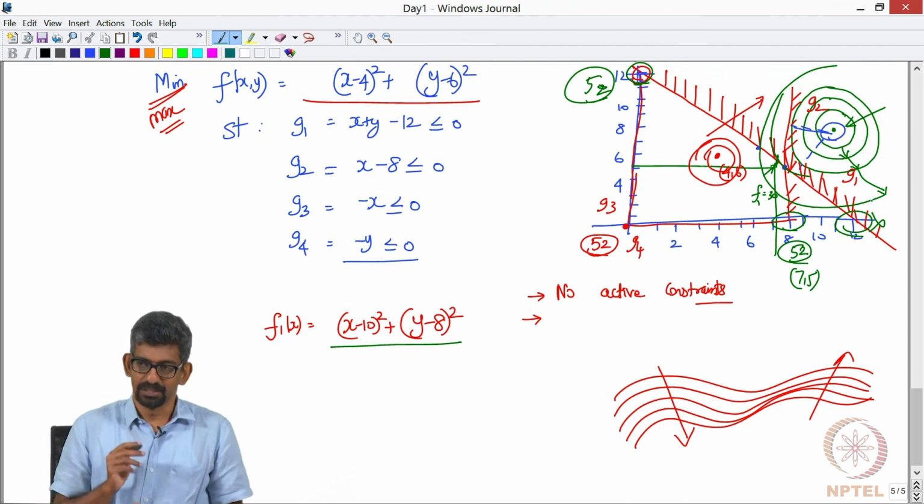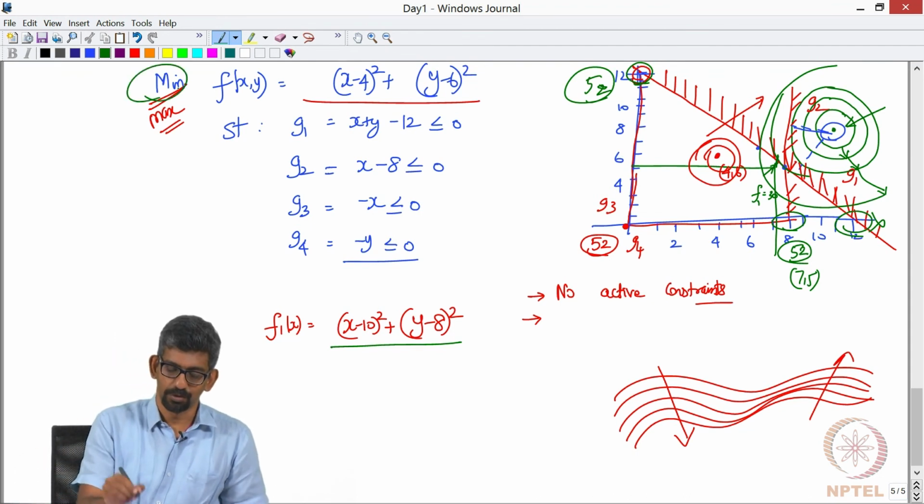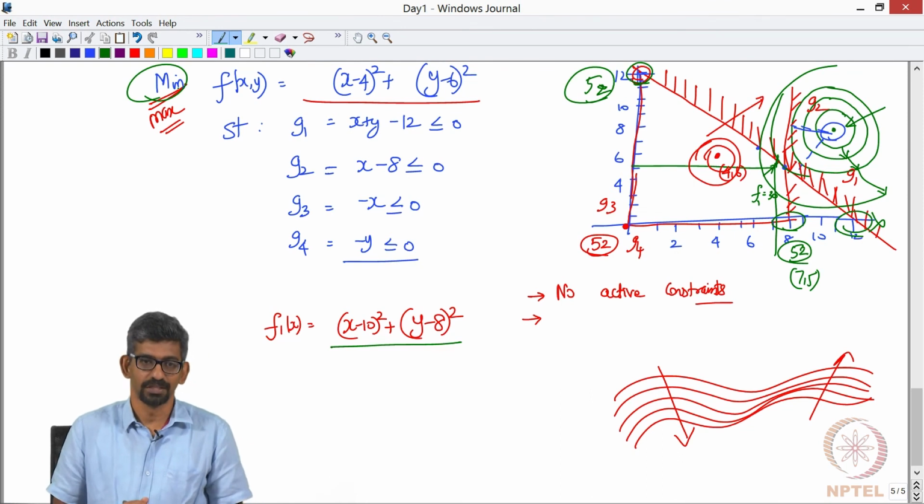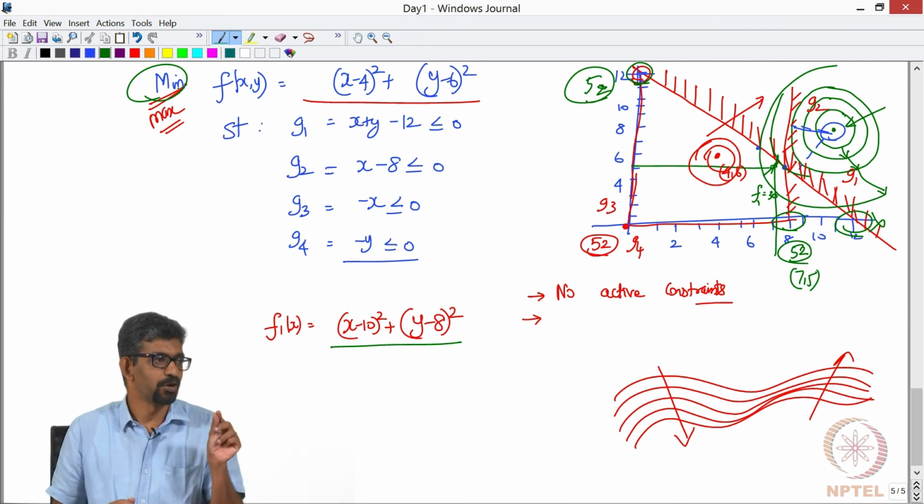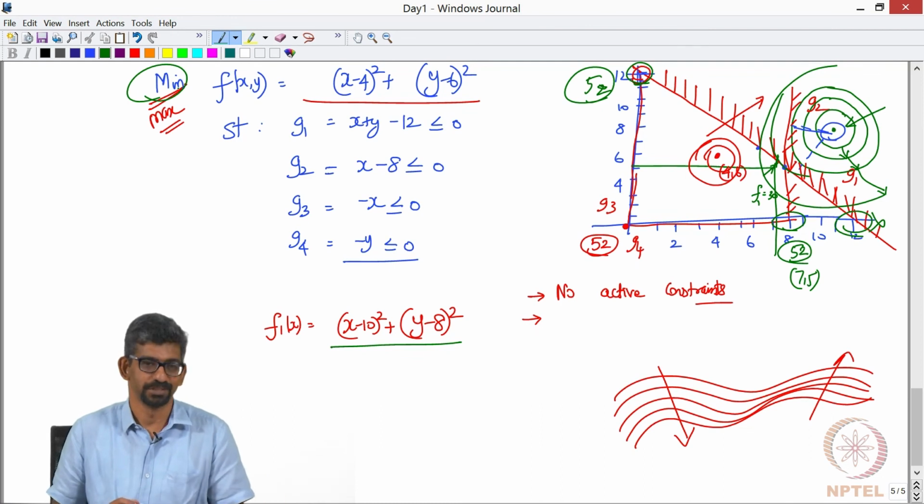But in our course, we will only talk about minima. Why is that? I am not interested in profit. Because there is only a small difference between a minimization and maximization. What is that?